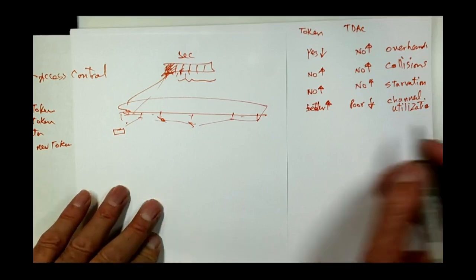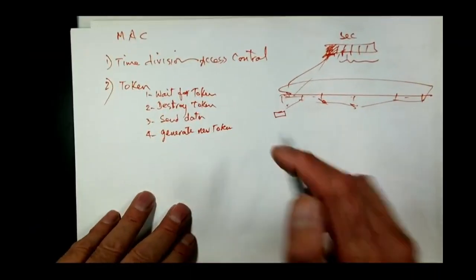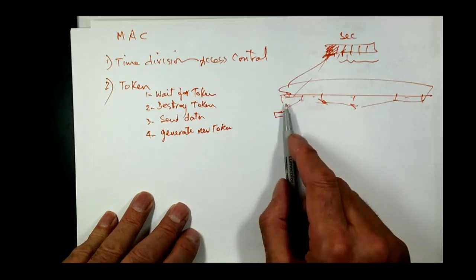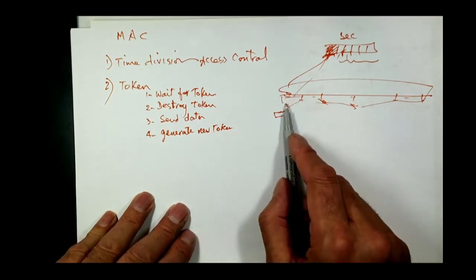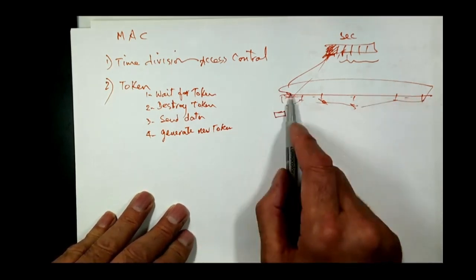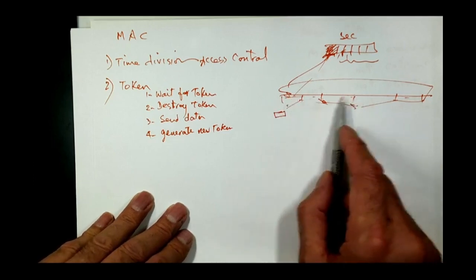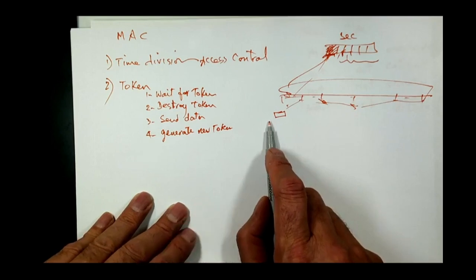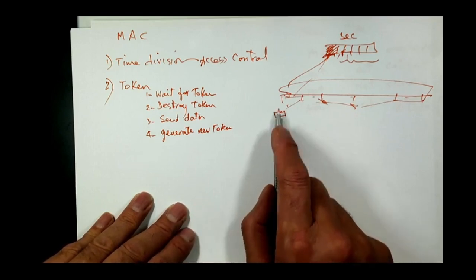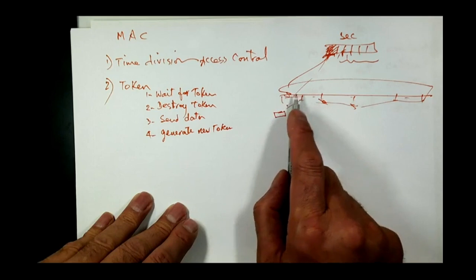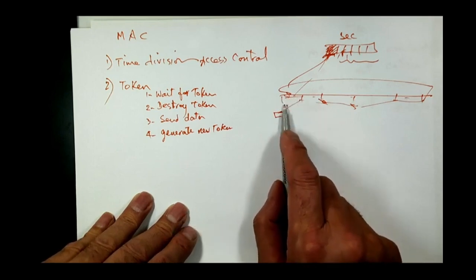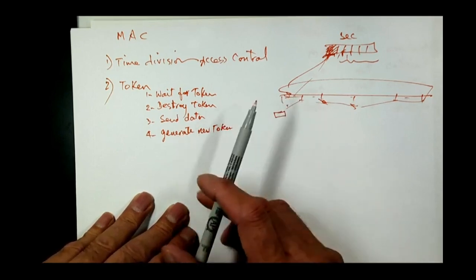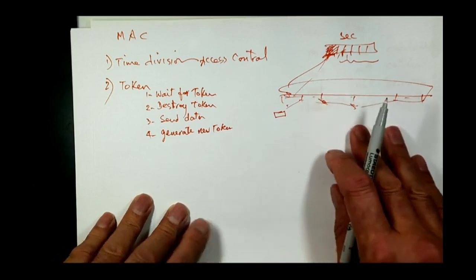Now, sometimes with the token, if this machine has data to transmit, waits for a token, gets a token, destroys the token, sends data, is just about to generate a token, and somebody turns the machine off. So the machine is switched off, and there's no token. The token is destroyed. It hasn't generated the token yet. So it leaves the network without a token.